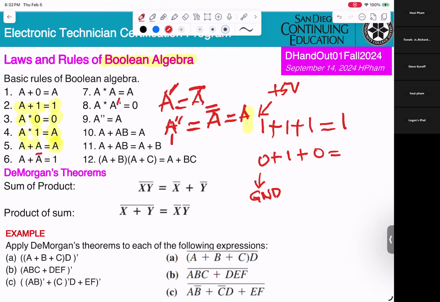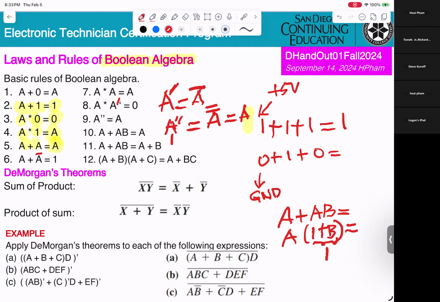Okay, and now A or AB. If you put A outside, then A adding 1, and that will be 1, adding B: 1 adding B equals 1.